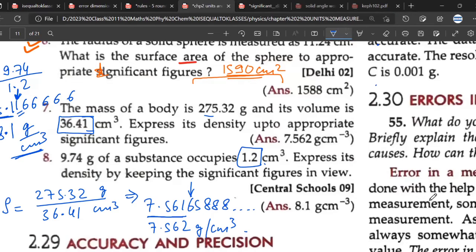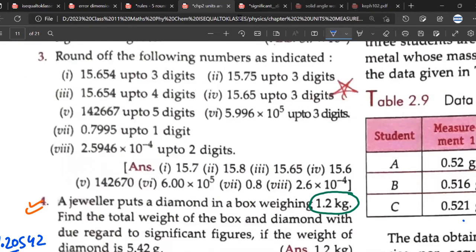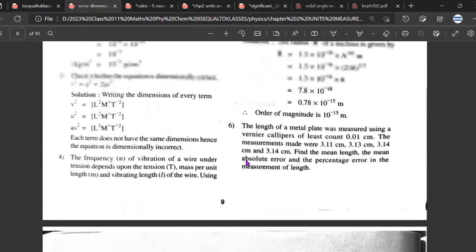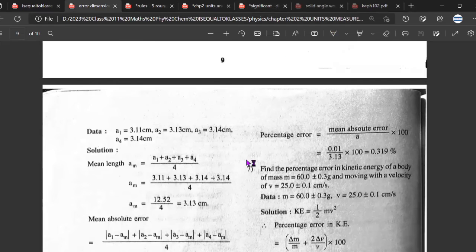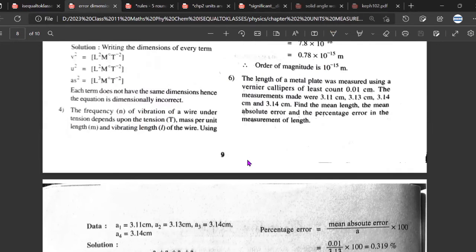Okay. So now what you need to understand is that this is a topic that will now lead us to error analysis. And error analysis is something that is very, very important. But till the time we don't understand what are significant digits, what is scientific notation, what is rounding off rules, we won't be able to do error analysis.